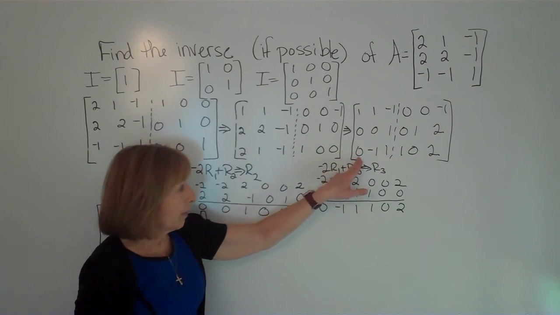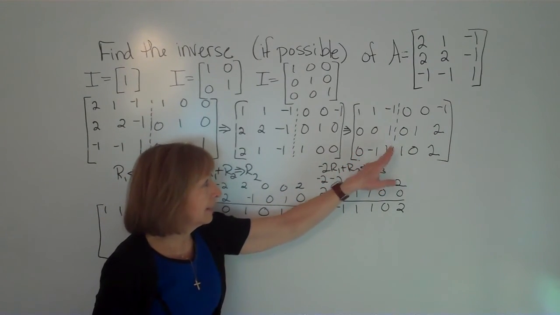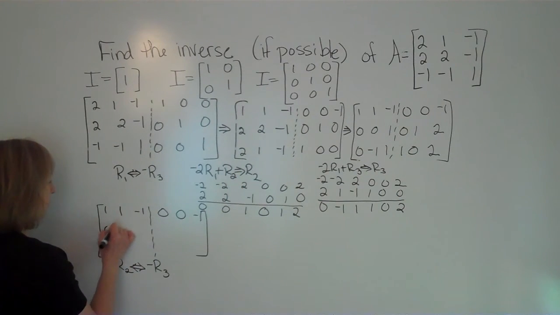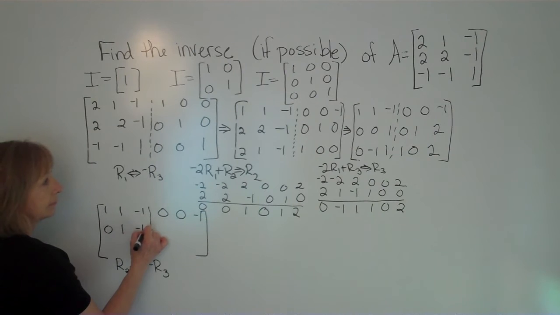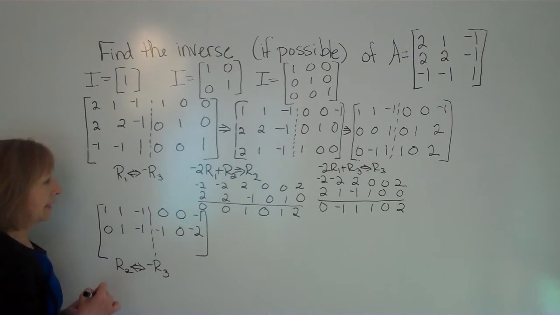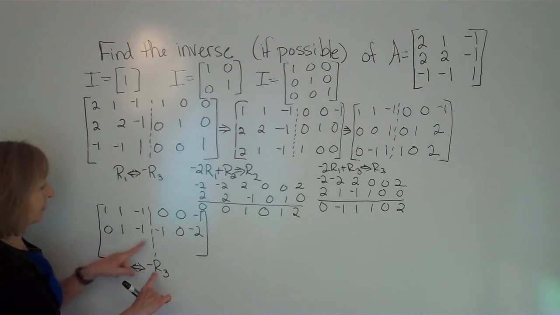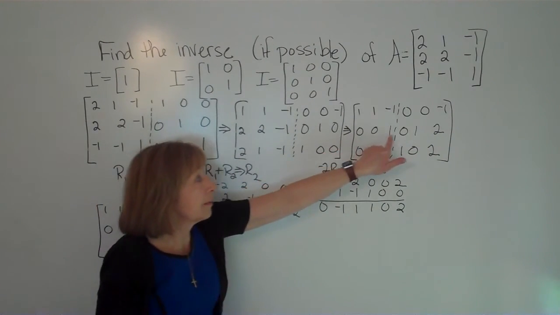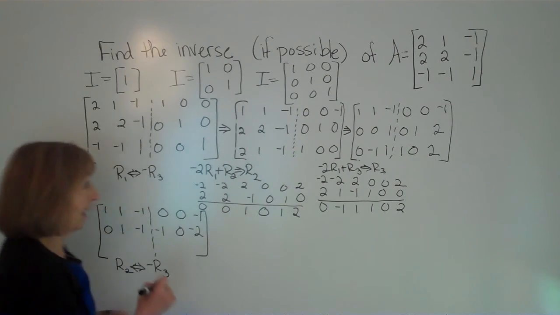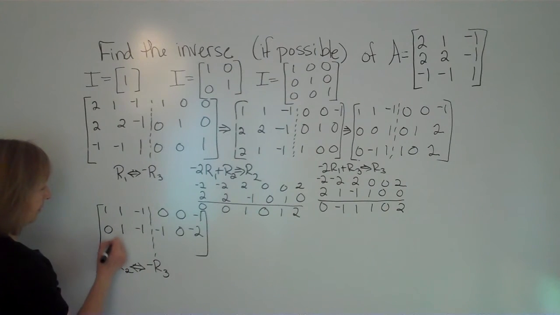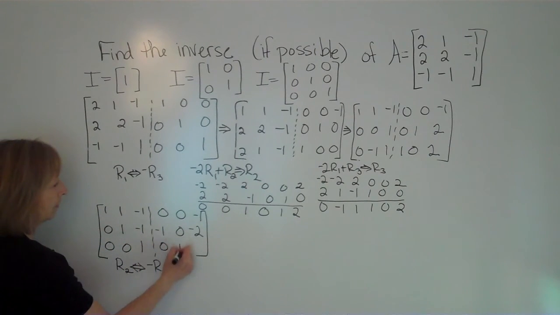So I'm going to write 0, 1, negative 1, negative 1, 0, negative 2. And then I'm interchanging the opposite of row 3 and row 2. Row 2 is what I'm going to write in row 3's slot. So that's 0, 0, 1, 0, 1, 2.